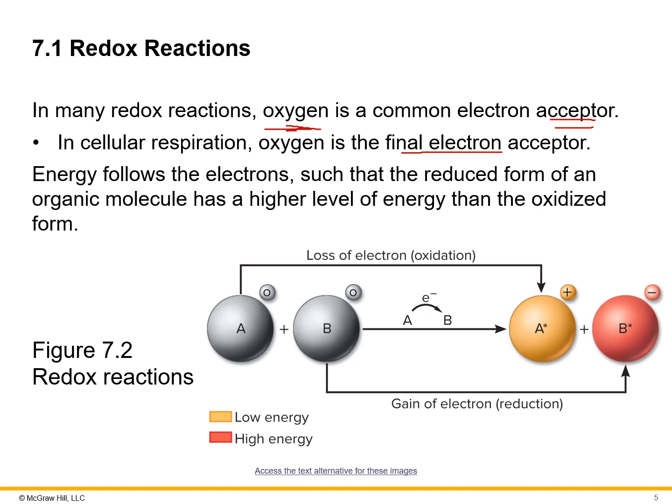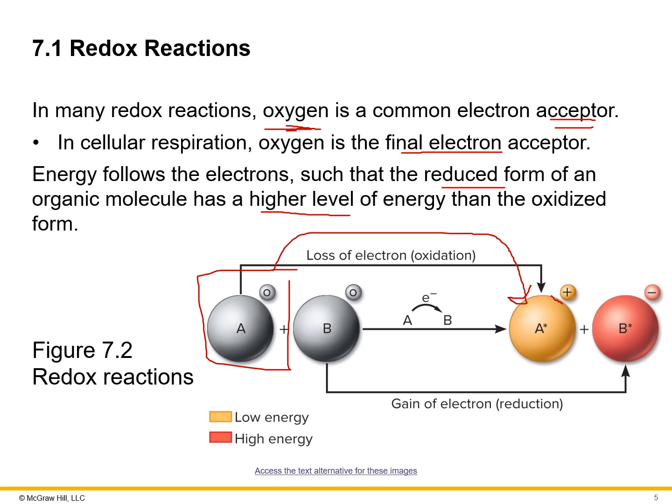Now the energy, again, follows the electrons. So the reduced form of an organic molecule has a higher level of energy than the oxidized. Looking at our little figure down here on the left, our molecule A here is giving an electron to molecule B. So A is becoming oxidized.